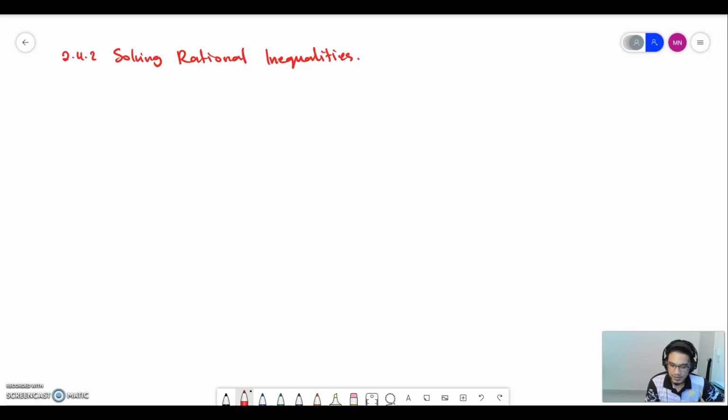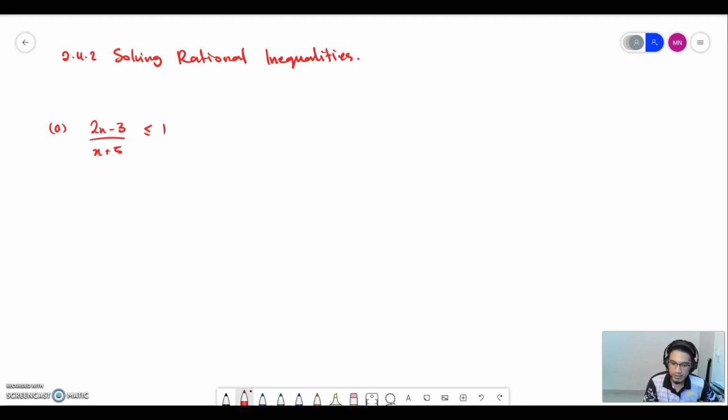For example, example A: (2x - 3)/(x + 1) is less than or equal to 1. At the denominator we have an unknown, x. So that is a rational inequality, and the symbol of inequality is less than or equal to 1.